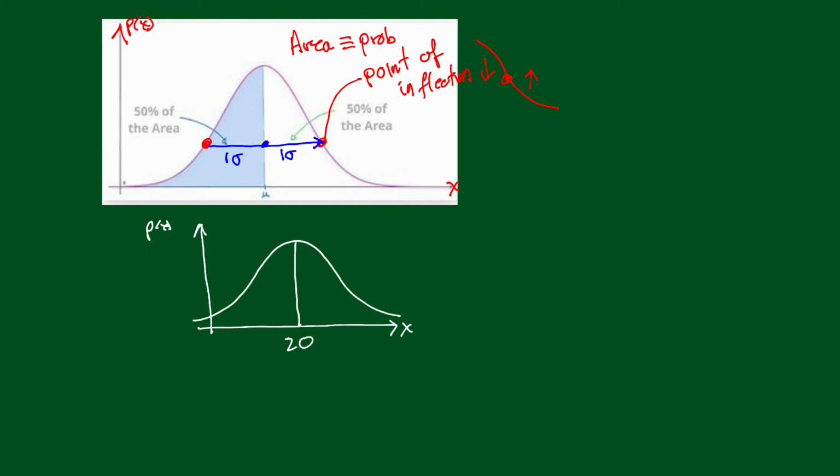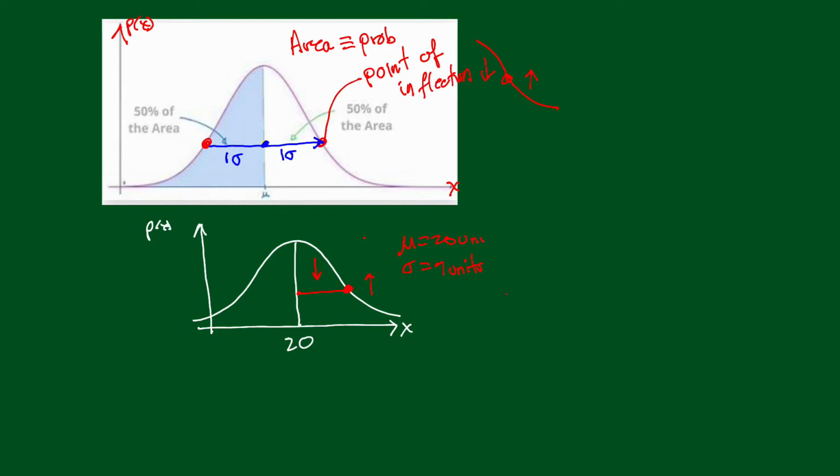Now if I locate that point of inflection, maybe it's here. Do you think that looks good? It's kind of concave down here, concave up here. That would be one standard deviation. So now suppose we have this in our picture. The mean is 20, and maybe one standard deviation is, say, 7 units.